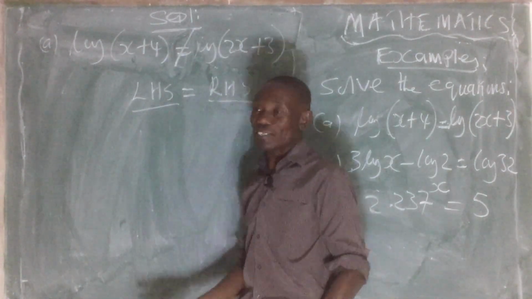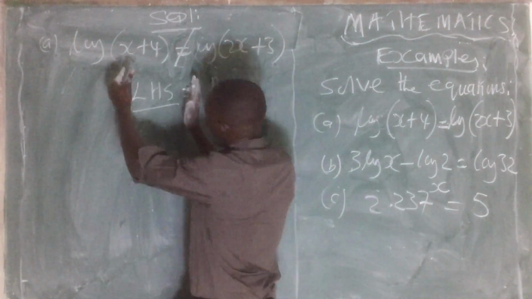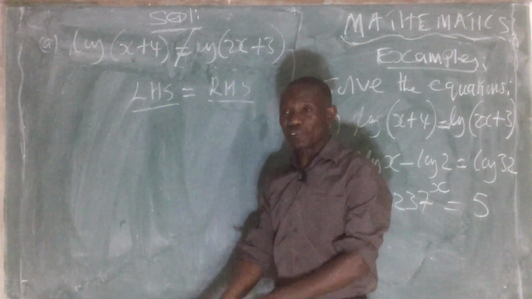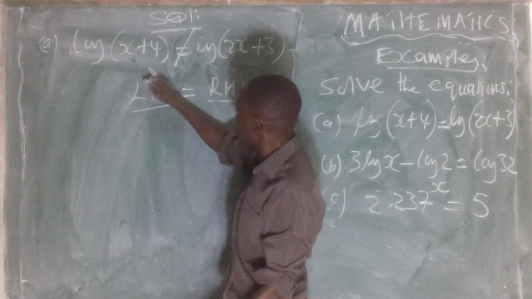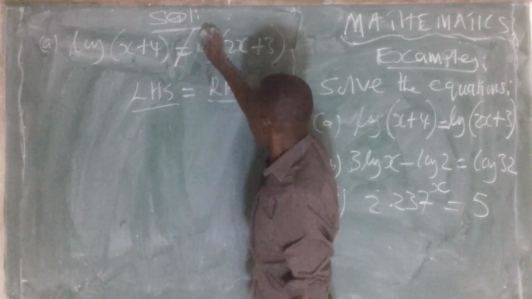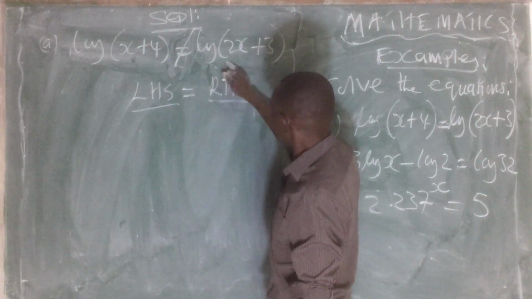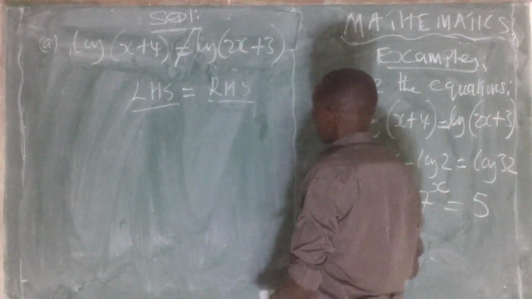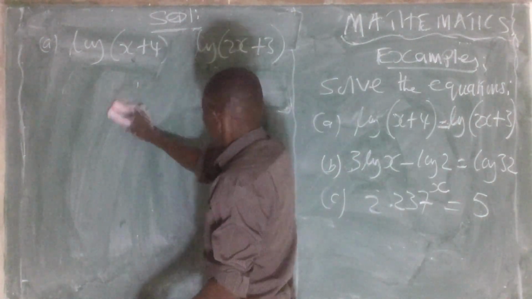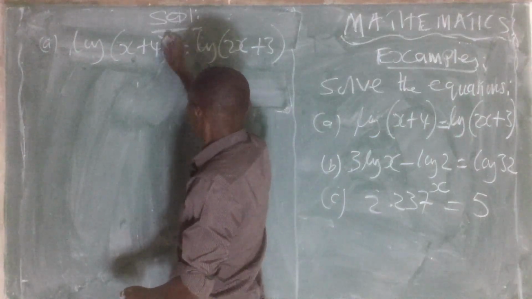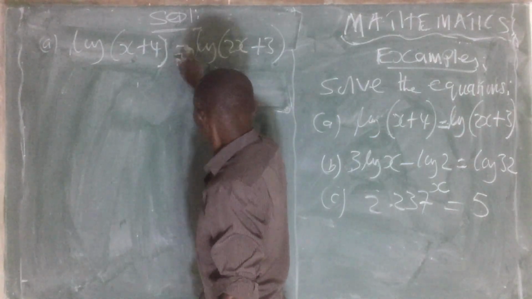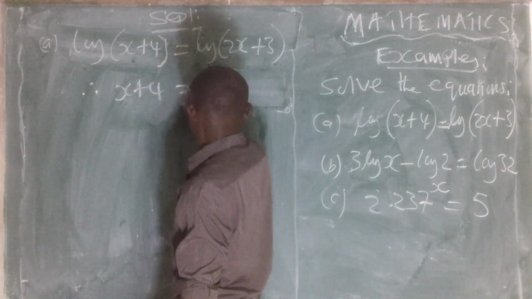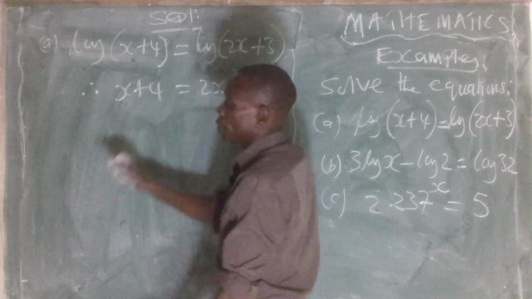That's one way you can understand it. It means what we have on the left-hand side is exactly the same as the right-hand side. If you take the logarithm of a certain expression on the left-hand side, it should be exactly the same as the logarithm of the other expression down here. So by the equation we have here, x plus 4 should be the same as 2x plus 3.